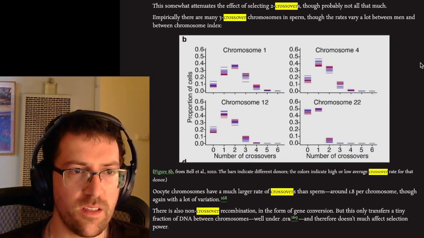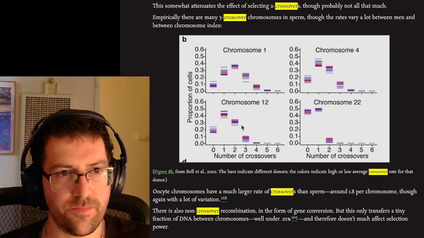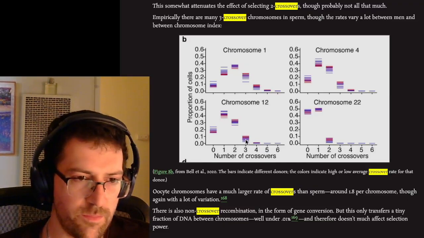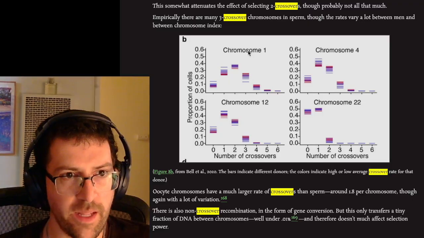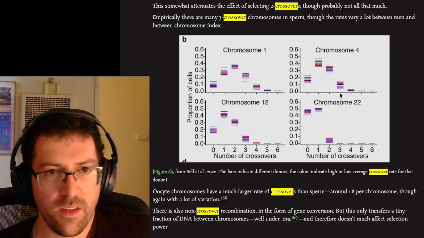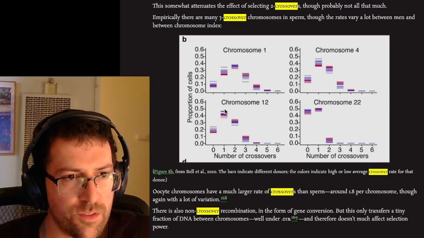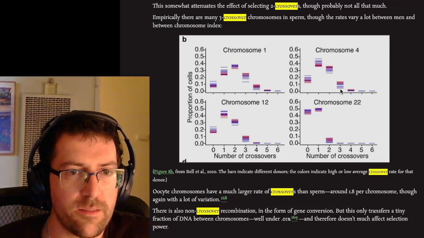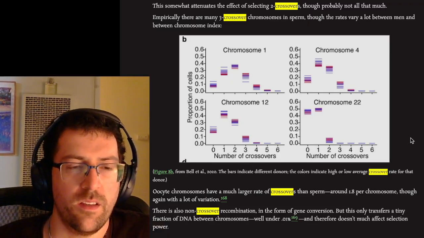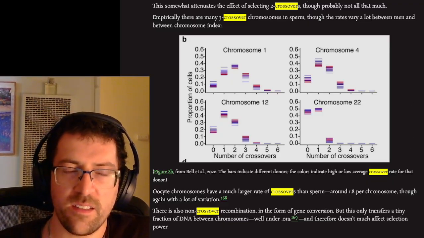Here you can see there's quite a noticeable fraction, depending on the chromosome number, with no crossovers, or 1 or 2 or 3 or even 4 in some cases. So there's a whole lot of different complications you could add into the simple model.